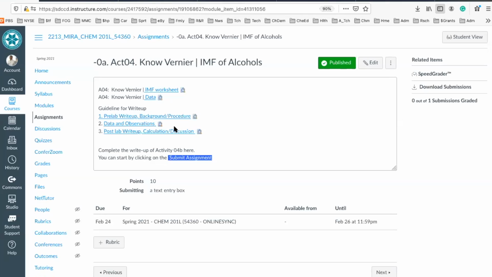But like I said, it's going to vary slightly from instructor to instructor because they're going to have their own little tweaks in which they want you to write the report. And I have my little tweaks as well, okay?